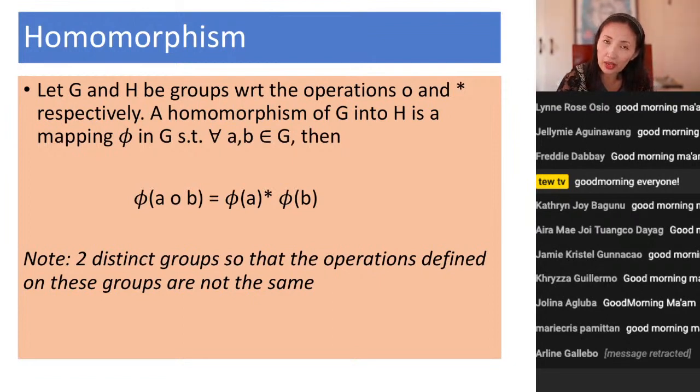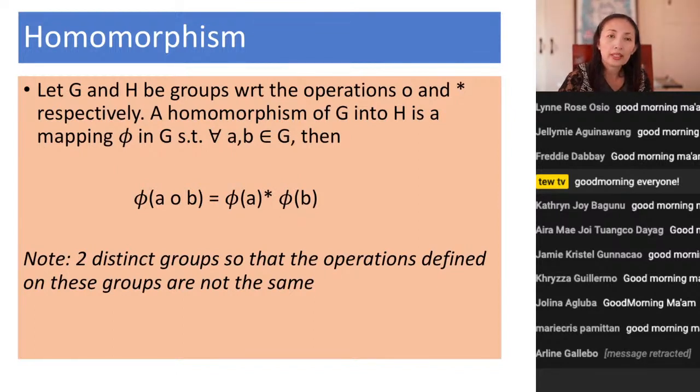A homomorphism of G into H implies a mapping phi from G to H, such that for every A, B, elements of G, phi of A circle B is equal to phi of A asterisk phi of B.